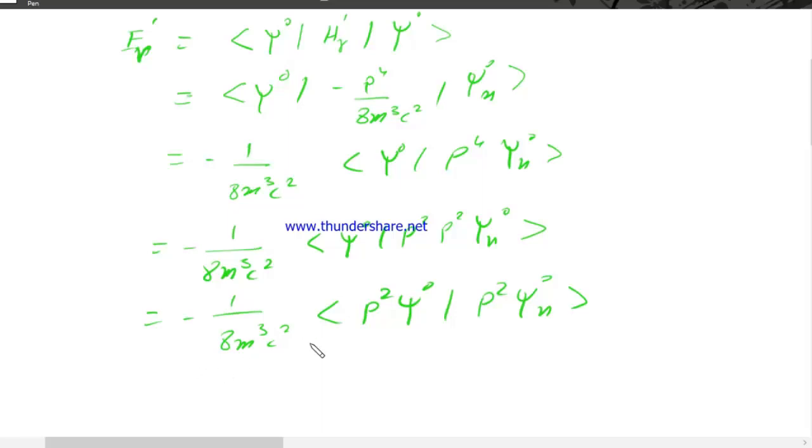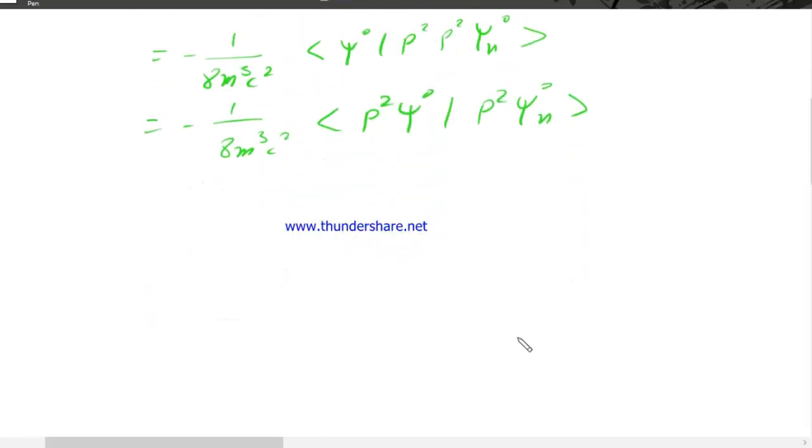Now we know the Schrödinger equation: p square divided by 2m psi plus v psi is equal to E psi.